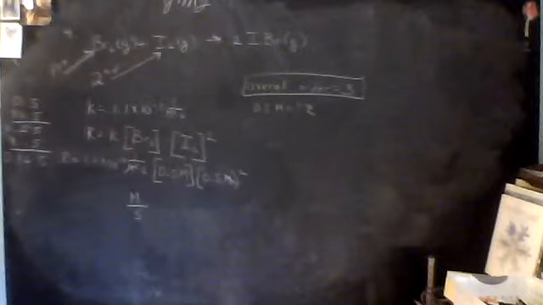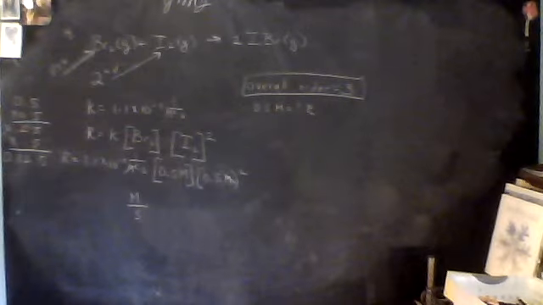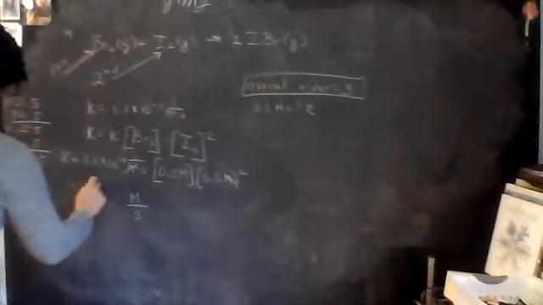Okay, and now you need to multiply that by 1.1 times 10 to the negative third. So put parentheses around that or you won't be able to write it like that. Understand what I mean? 1.1 times 10 to the negative third times 0.125 is 1.375 times 10 to the negative 4.